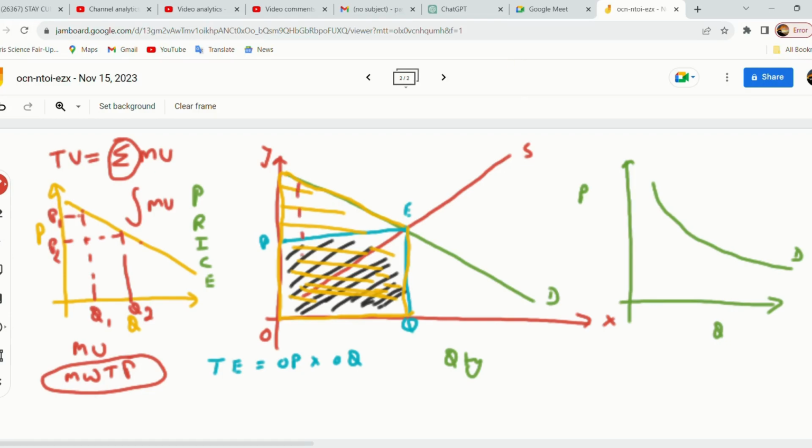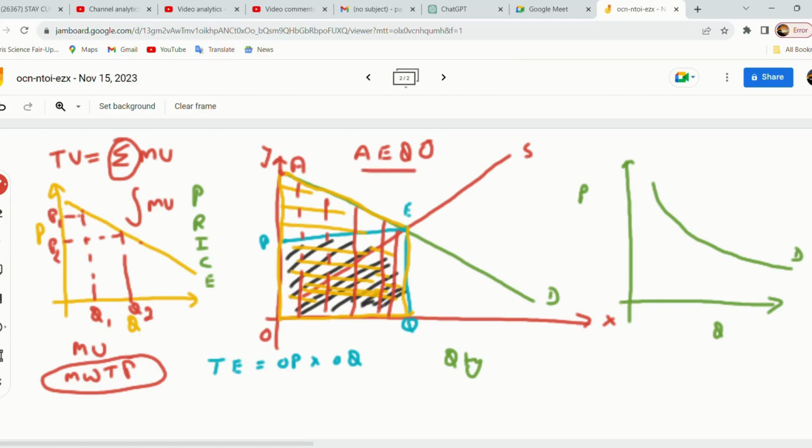So we are integrating all these MUs, and we get the entire area of this trapezium. I give this point as A, so trapezium AEQO.